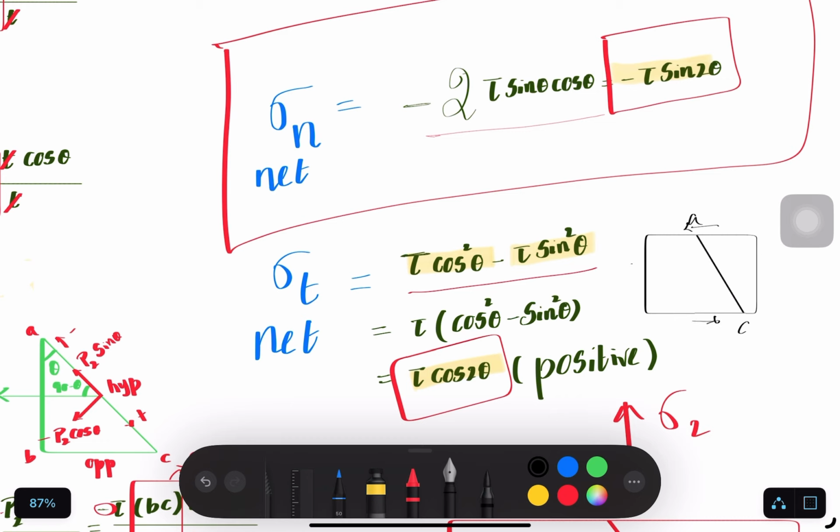Okay. But remember, it is not only shear stress, but it is also subjected to sigma 1 and sigma 2. And what about the normal stress and tangential stress due to sigma 1 and sigma 2 on this inclined plane? That we computed in part 2 of the video.